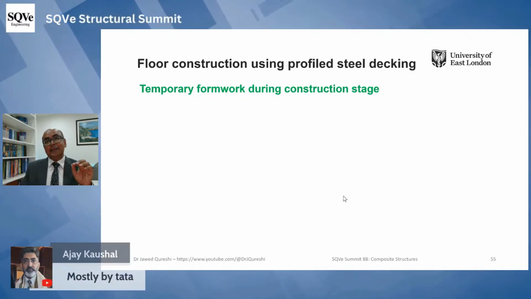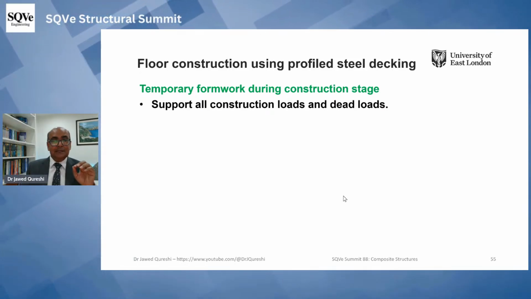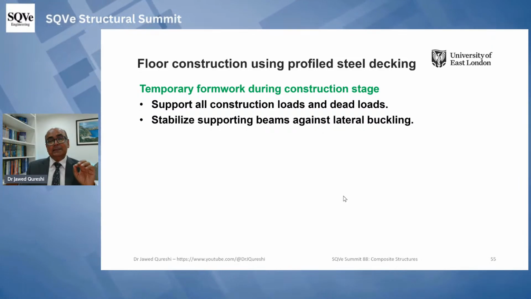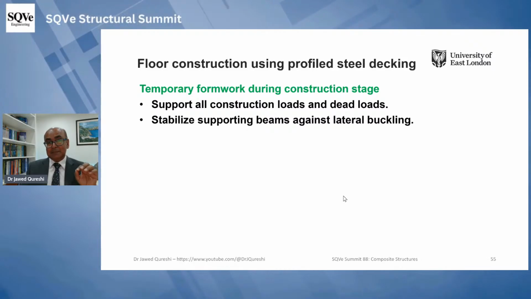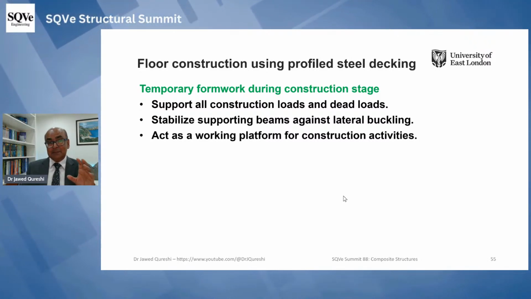Now, one of the key advantages of using profile decking is that it can be used as temporary formwork during construction stage. It can support all construction loads. It can stabilize supporting beams against lateral buckling as well. And it can act as permanent working formwork for construction activities.